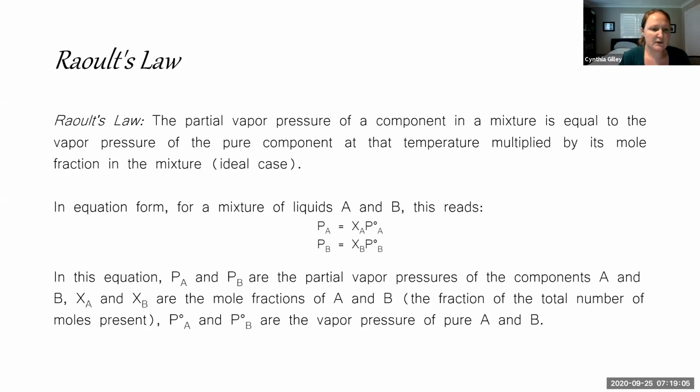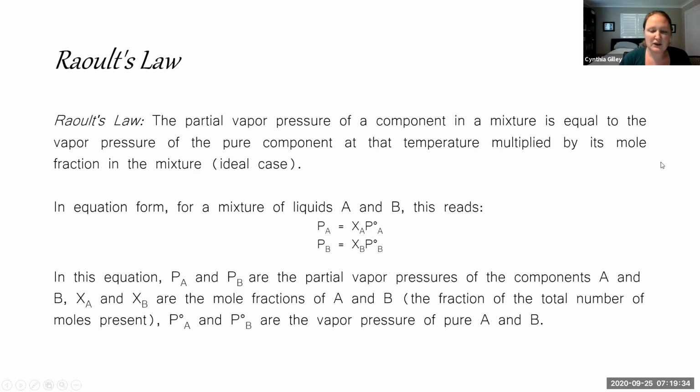So in equation form for a mixture of liquids A and B, and again, it's going to be a miscible liquid mixture, this reads: the vapor pressure of A is equal to the mole fraction of A times the pure vapor pressure of A. And the vapor pressure of B is equal to the mole fraction of B times the pure vapor pressure of B.